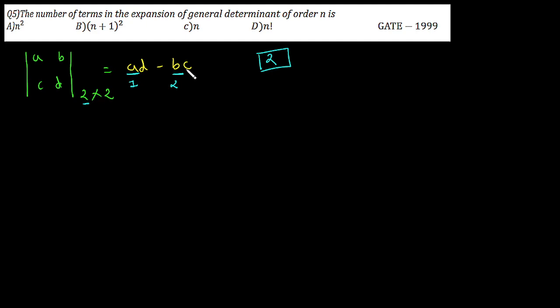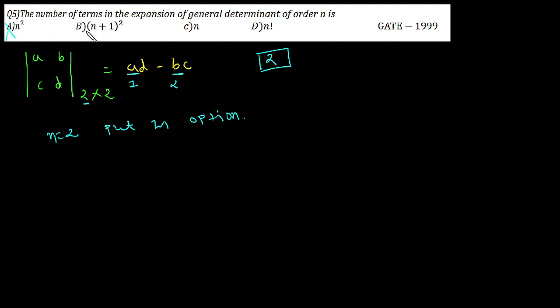So now we have selected n equal to 2 and put it in the options. First let's put it in option A. Here n will be 2 and 2 squared gives 4. Option A states that in the expansion of a 2 cross 2 determinant we get 4 terms, but from this expansion we got only 2. So option A is the wrong one.